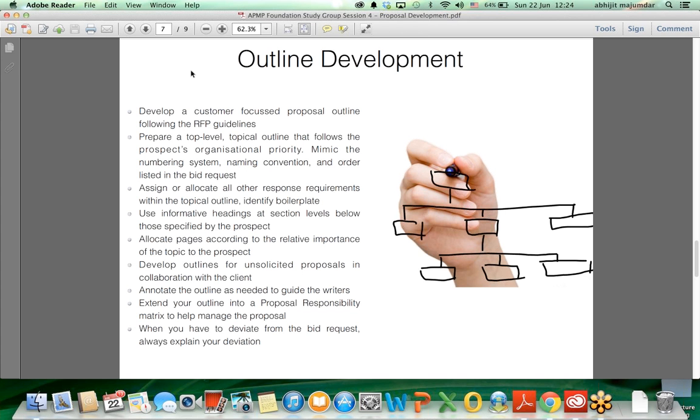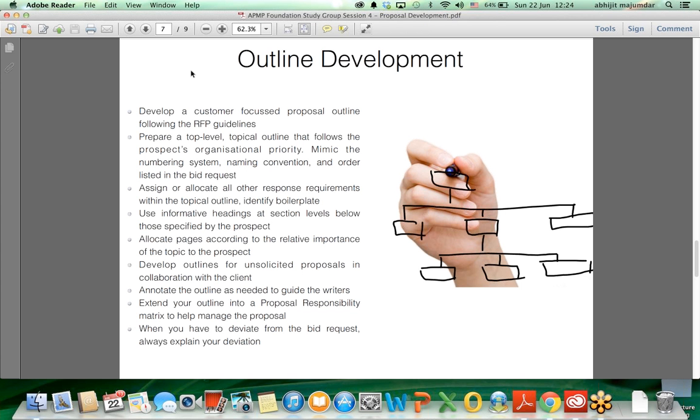When you do that, your proposal story and content become very seamless, or else it will look like content written by someone for some other purpose, totally misaligned with the customer's requirements.